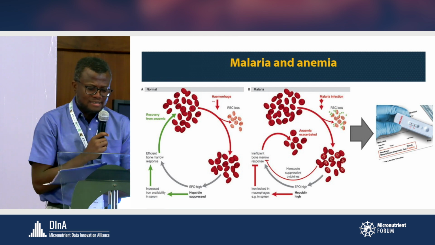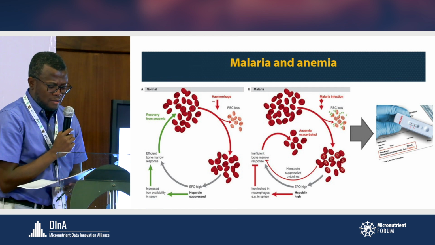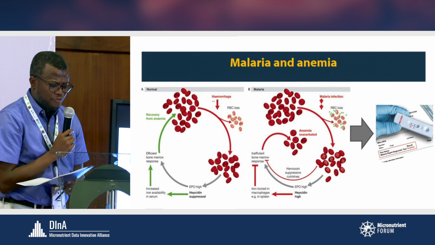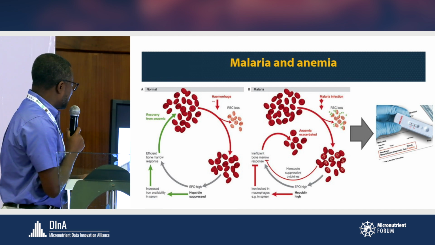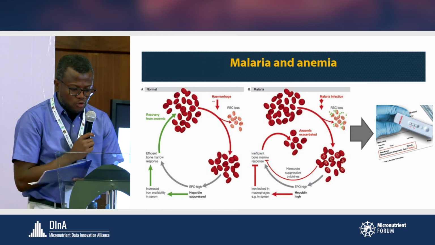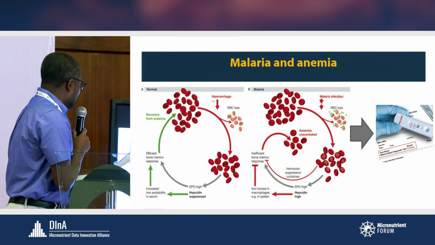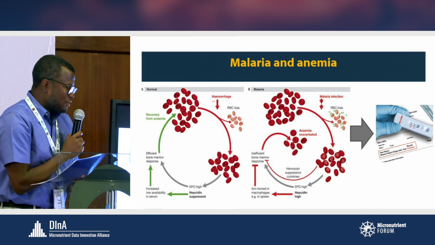I'd like to give a quick, contextual and important overview of malaria and anemia. On this slide, we show the red cells. On the left side, we have normal red cells, and everything is going fine. There is increased iron availability.